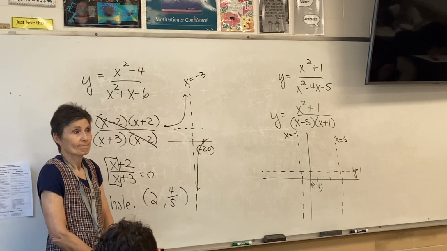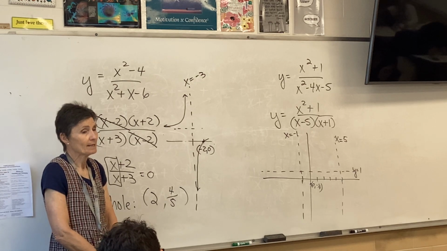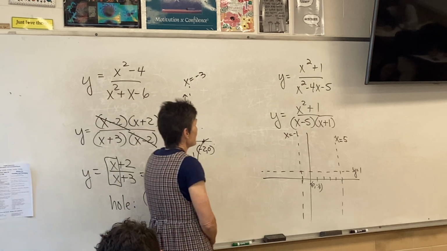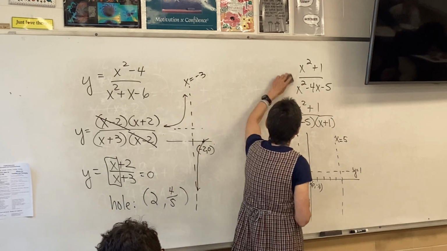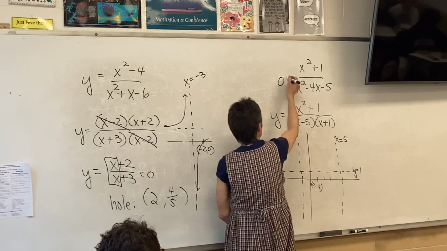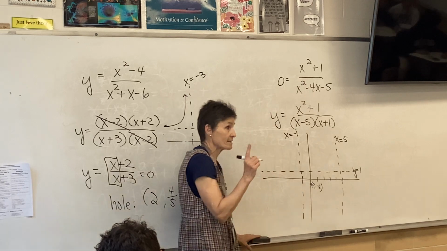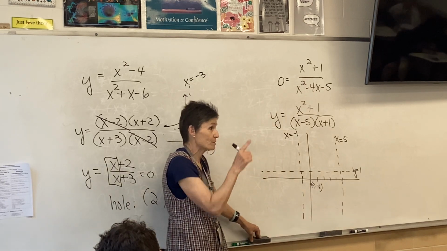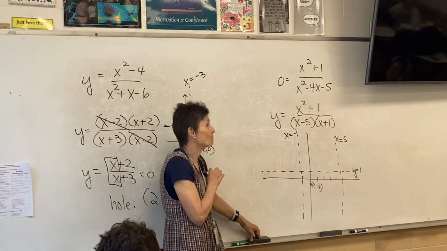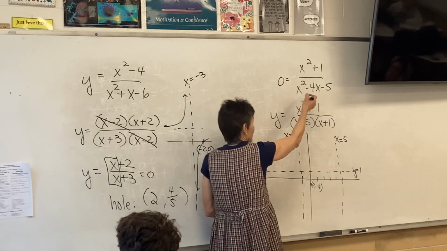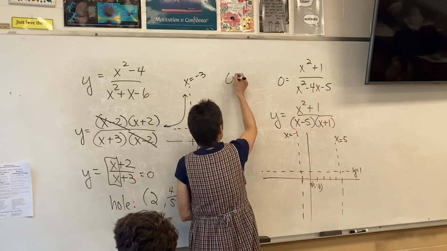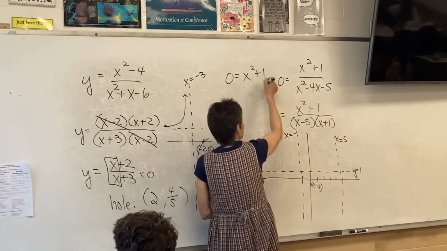No. We don't have any, because if you set this fraction, think about this for a second. If you set this fraction equal to 0, that's what an x-intercept would require, for y to equal 0. If you multiplied this over here, like regular solving, wouldn't you be left with this?